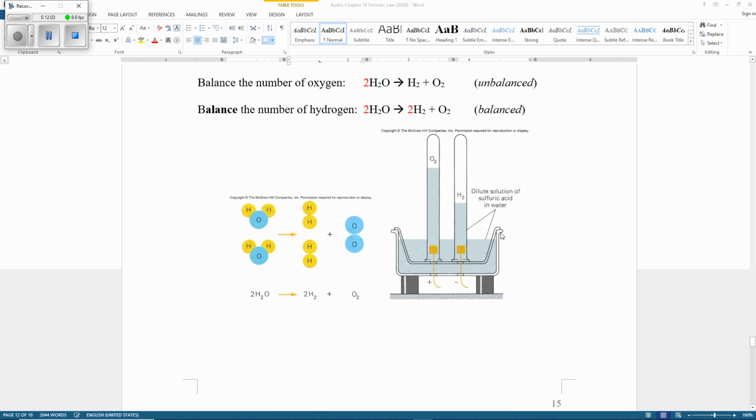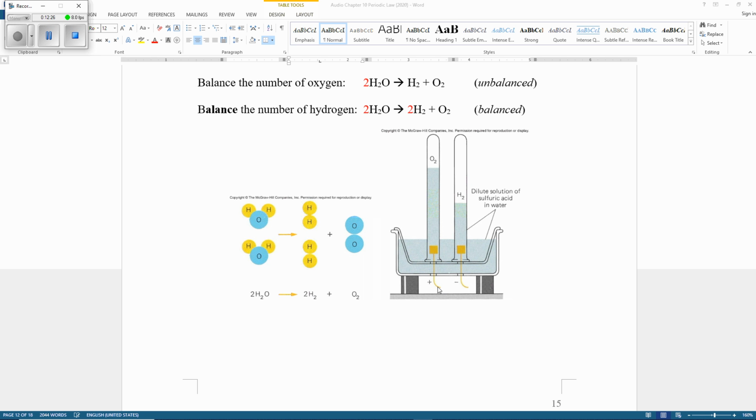So what this tells us is that every two water molecules break up, decomposition will give you two hydrogen molecules plus one oxygen. And if we do this lab, we can prove it.